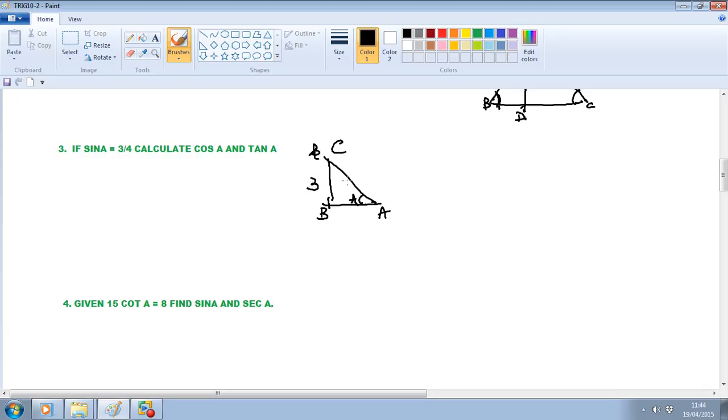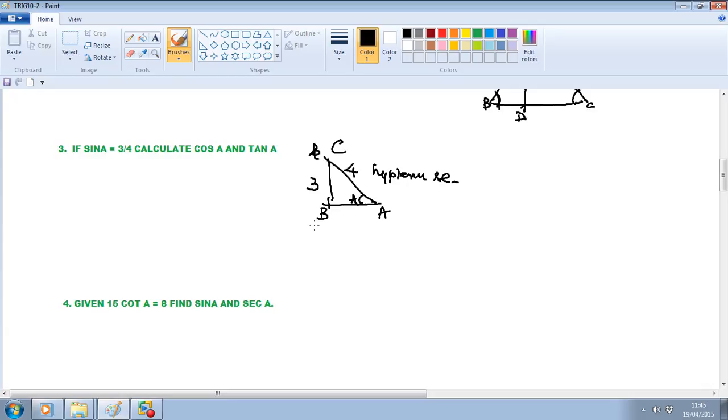This is 3, and 4 is the hypotenuse. Calculate cos A and tan A.